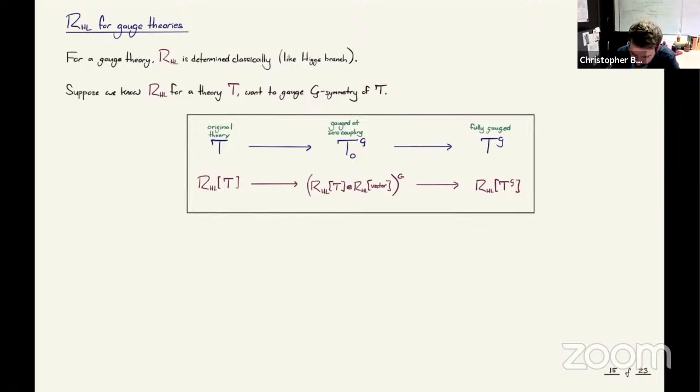And from the point of view of the Hall-Littlewood chiral ring, what's going to happen is that I start out with the original Hall-Littlewood chiral ring, which I'm taking as a given. And then I'm introducing whatever the Hall-Littlewood chiral ring associated to a vector multiplet is as a tensor factor and projecting onto G invariance. And then I'm turning on a gauge coupling and seeing what happens.